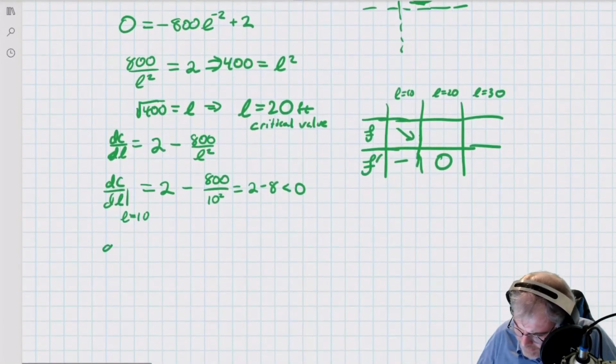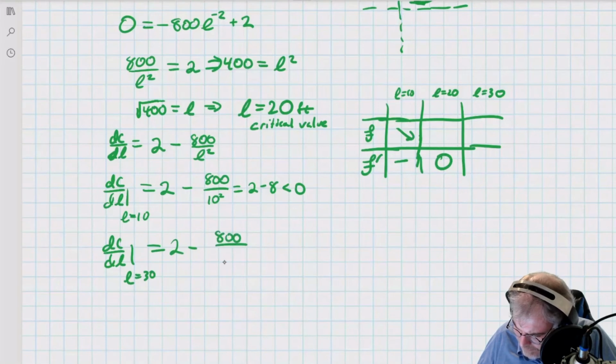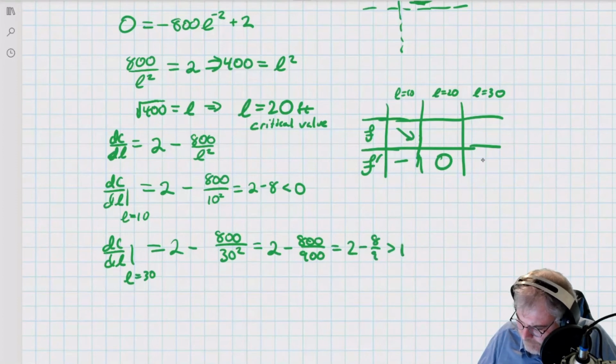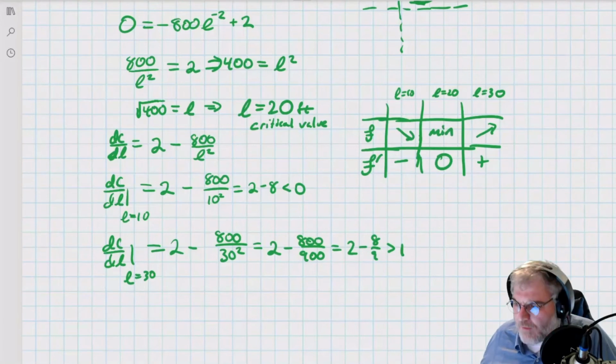Now, dC over dL, when L equals 30, equals 2 minus 800 over 30 squared, otherwise known as 900. 2 minus 800 over 900, which equals 2 minus 8 over 9, which is greater than 1. So this is a min. So I know I have a min when L equals 20.